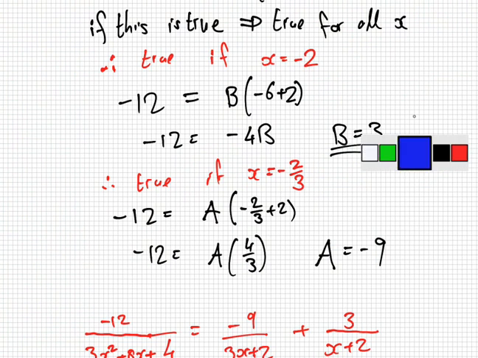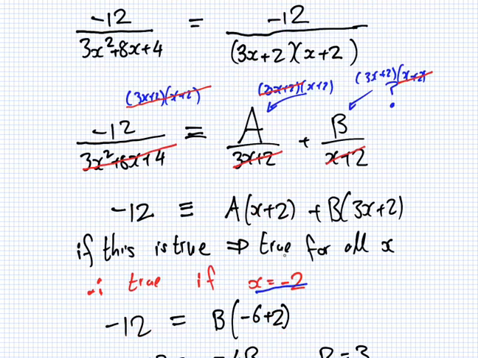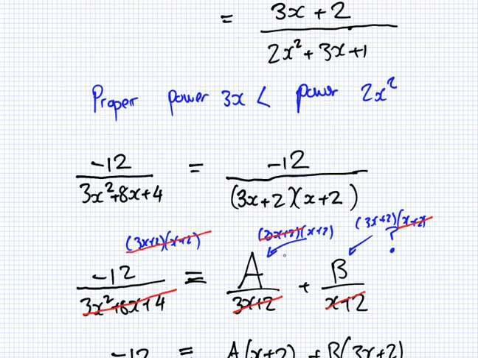Any problems with this? Doesn't seem like there's any big problems with it, but what I don't like about this method is the value I used for x is minus 2 and minus 2 over 3. And if I go back to the question up here, what values of x can I not use in this fraction? Those values that I did use later.